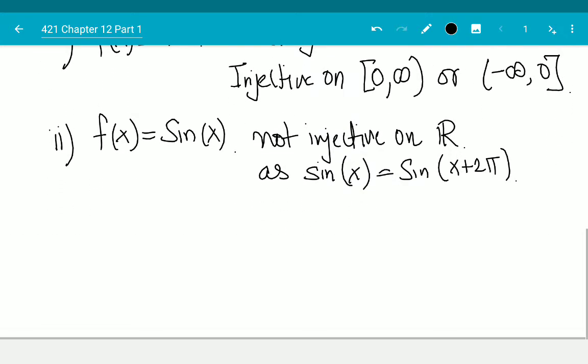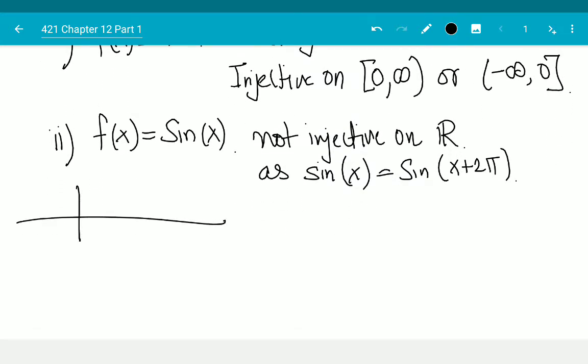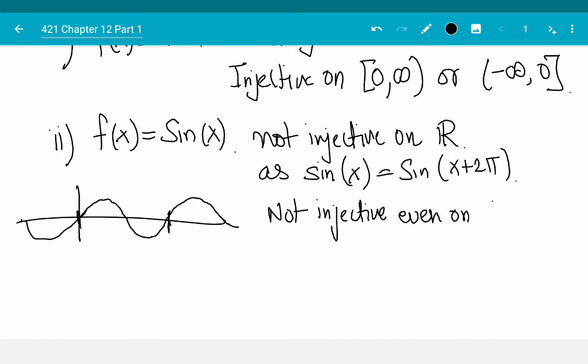If I draw the graph of sine x, it is repeating after 2 pi. But that does not mean it is injective even on 0 to 2 pi.